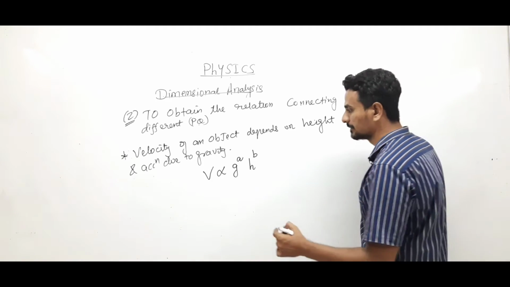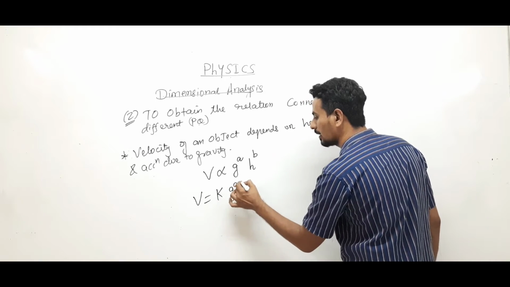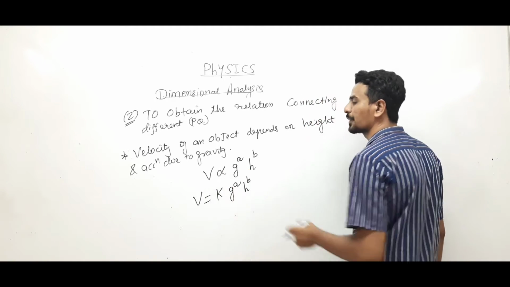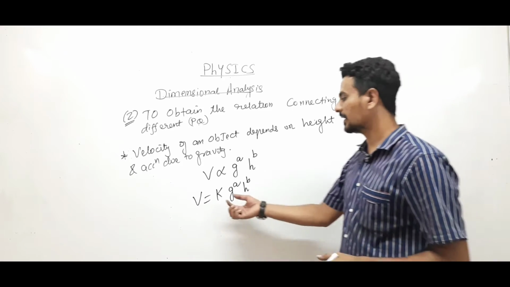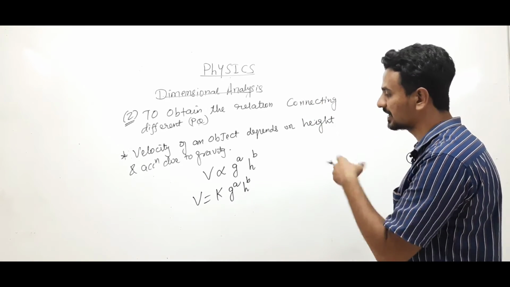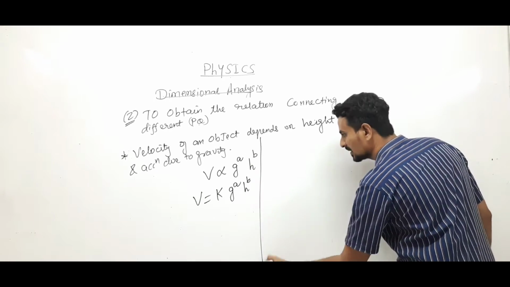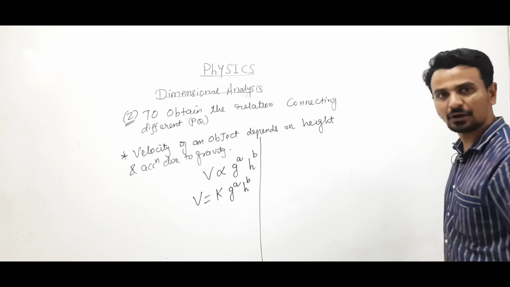Clear? See, velocity equals to some constant, because when you replace the proportionality sign, you have to multiply by a constant. So velocity is equal to k g raised to a h raised to b. Now we will write the dimensional formula on both the sides.